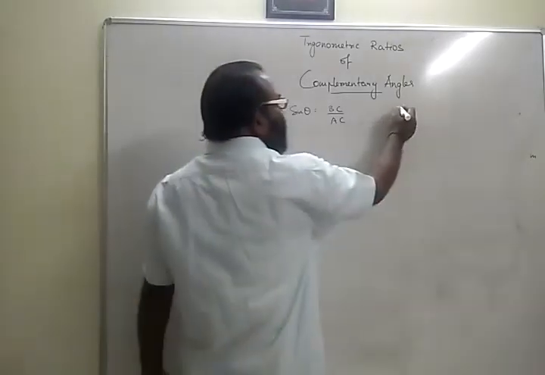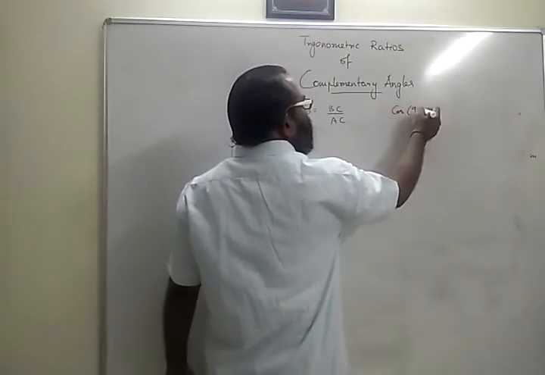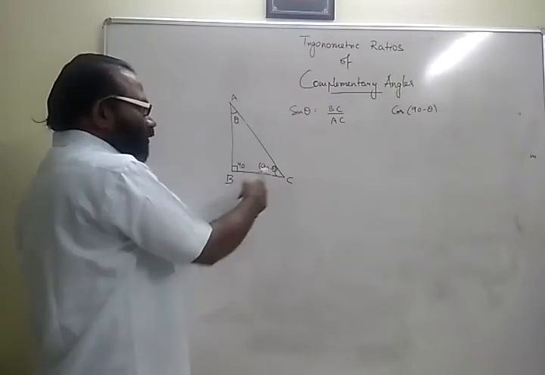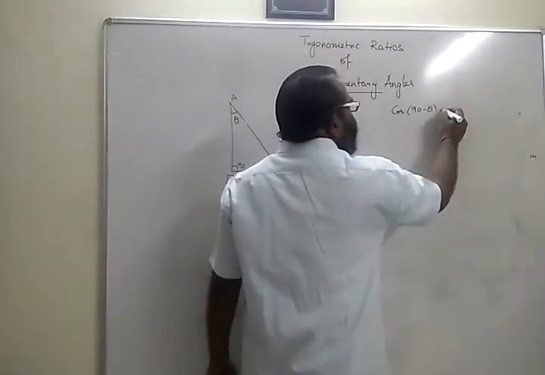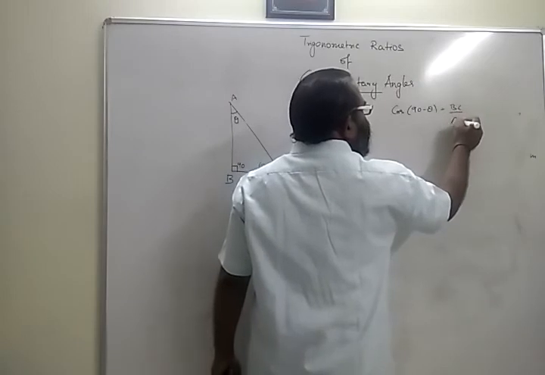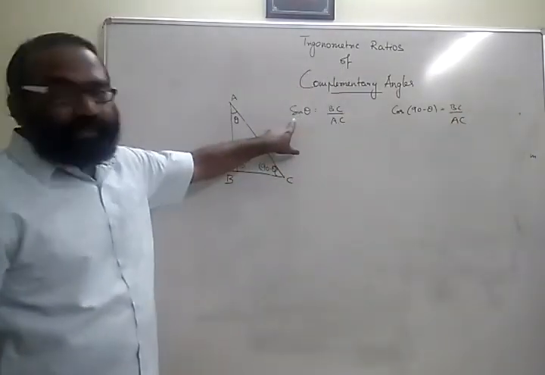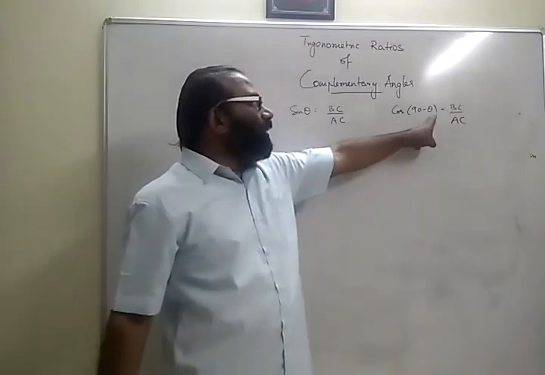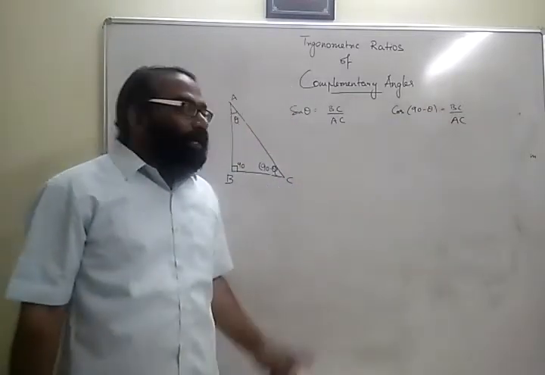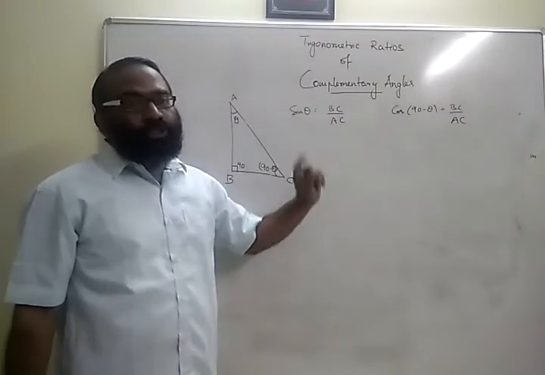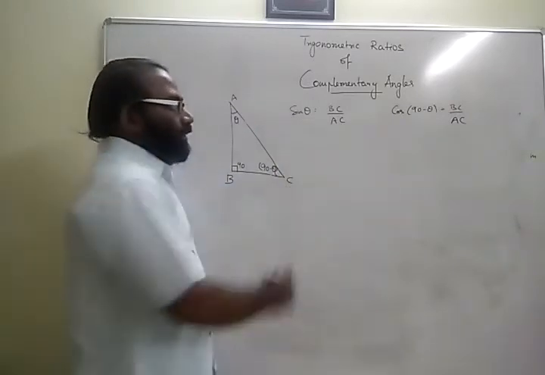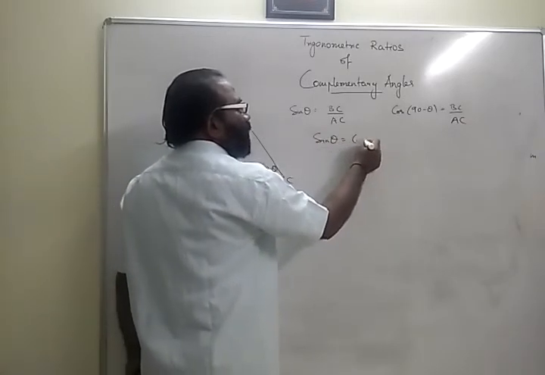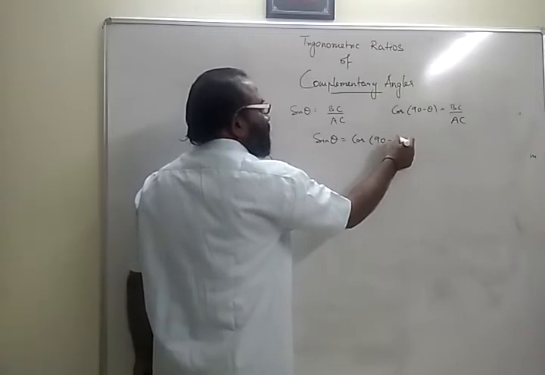So if I take cos 90 minus theta, cos 90 minus theta would be adjacent by hypotenuse, that would be BC by AC. So what do we see over here? We see sin theta is also BC by AC, and cos 90 minus theta is also BC by AC. So now these two are equal to each other. So I can write sin theta equals cos 90 minus theta.